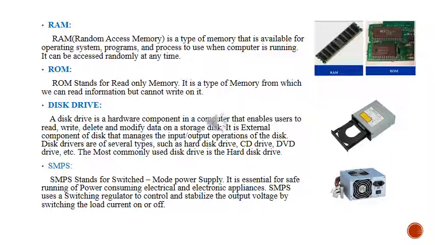The data stored here is temporary. When you switch off your computer or there is some failure in your power, the data is completely erased. RAM is of two types, static RAM and dynamic RAM. Here the image is shown.